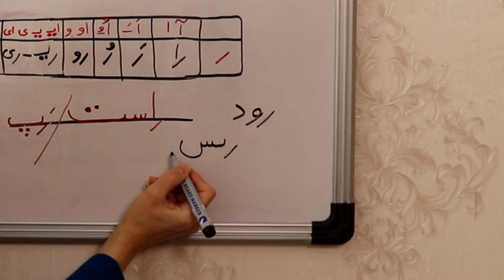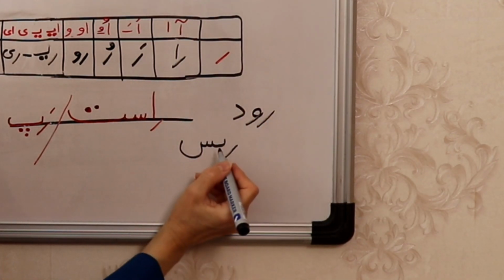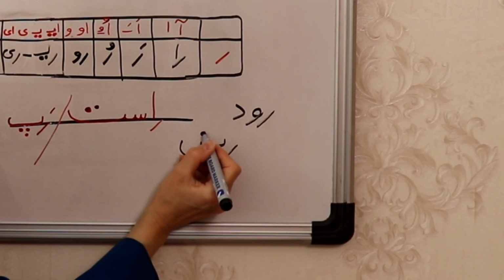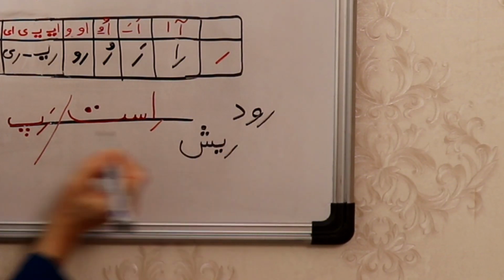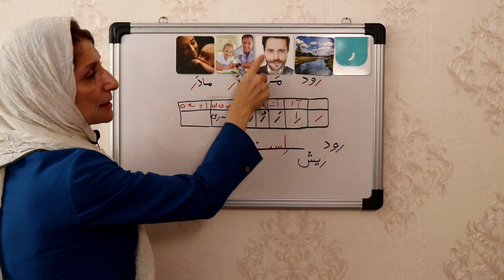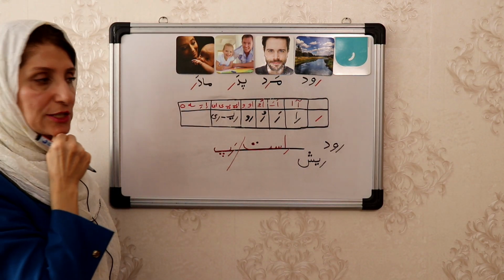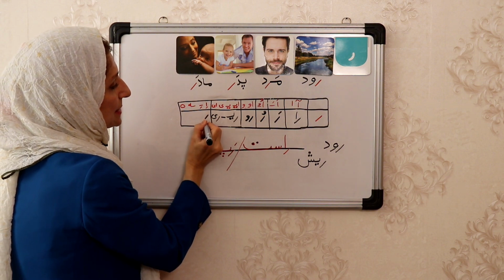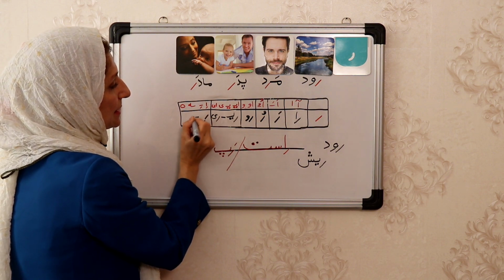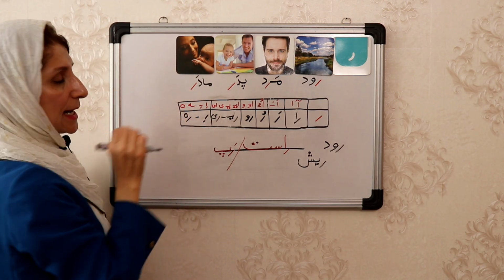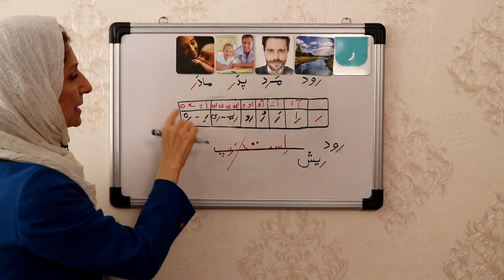We write the whole form, then return back and put the dots for e and put the dots for the sh sound. Rish. Rish is bird. Bird. Rish. Re and e is re and re.